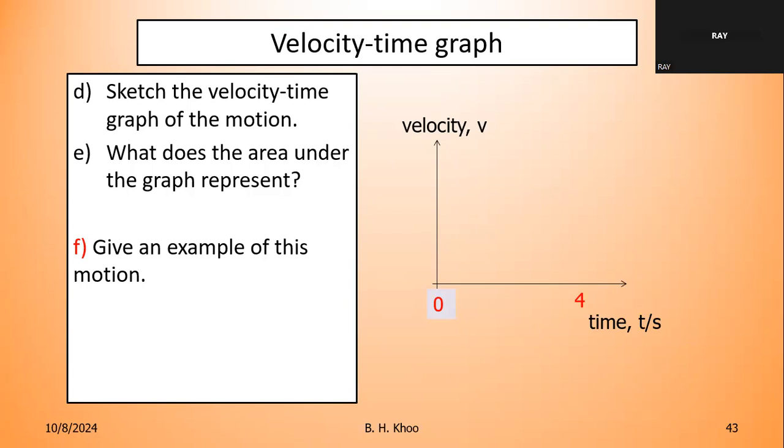Uniform velocity, so how does the graph look like? Straight line. Horizontal line. So you got the velocity time graph. What does the area under the graph represent? Displacement. Good.